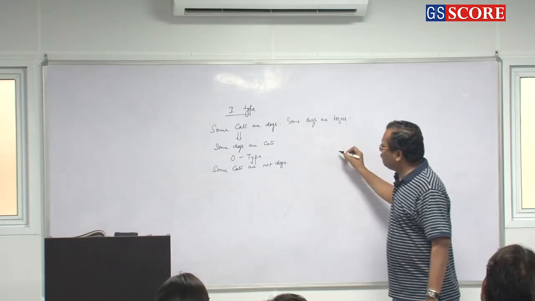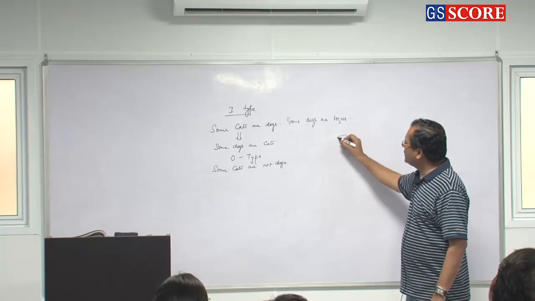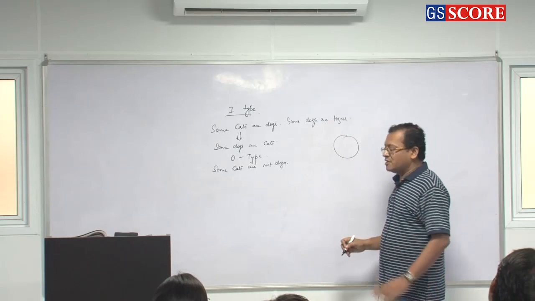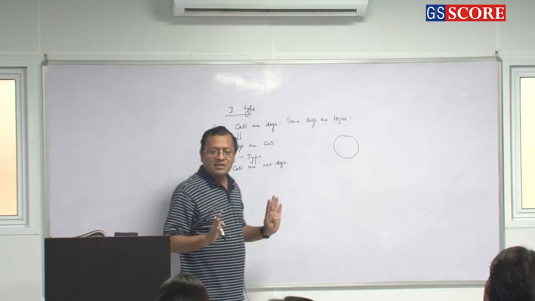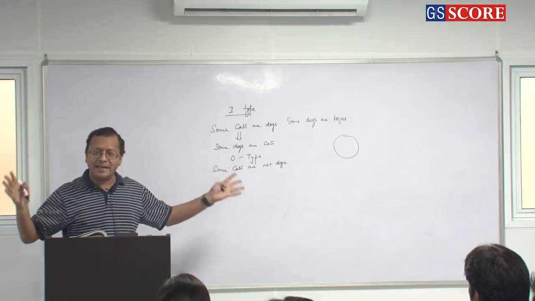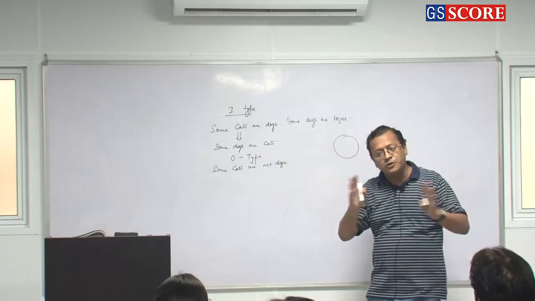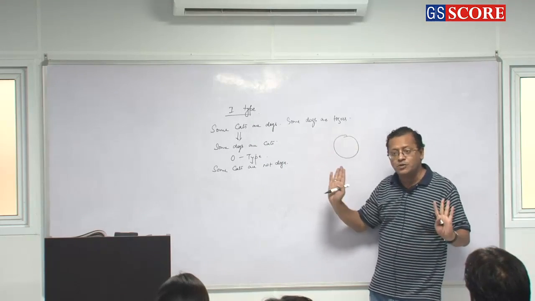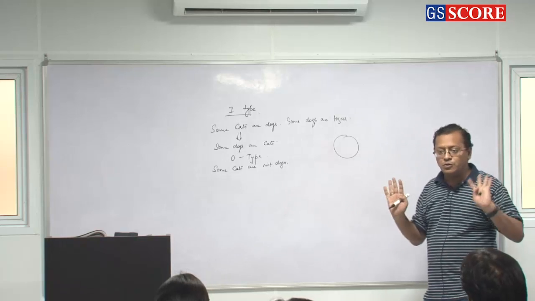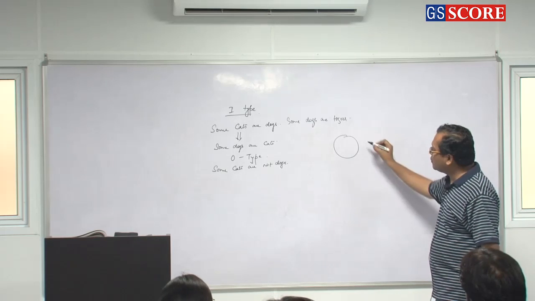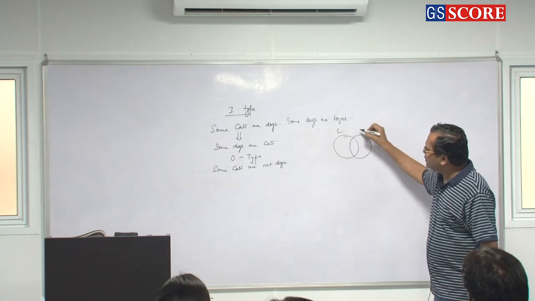Whenever you draw a Venn diagram and we say some, if you see all the books, they give you n number of rules and that confuses the students so much. But if you keep an open mind, you don't need to remember these rules. Just these 4 rules you require, you can do any question. If I say some cats are dogs, I can represent it like this.